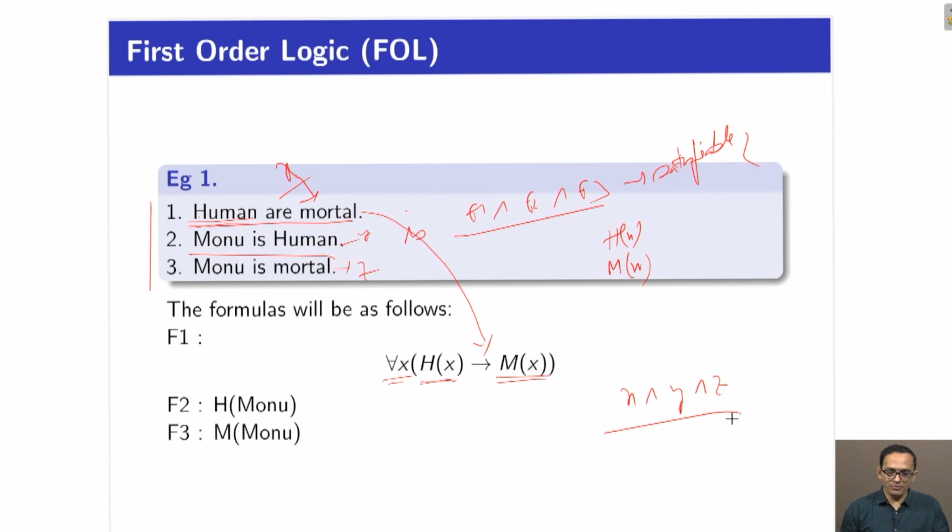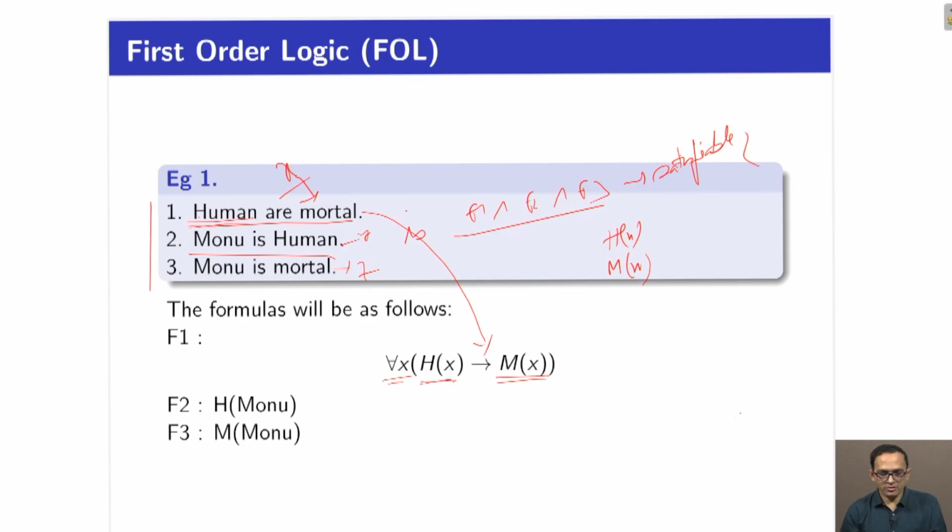But if you just model them as 3 different propositional variables, that does not capture the relation between these statements. That clearly shows that propositional logic is not sufficient to model this kind of English sentences or problems. Okay.